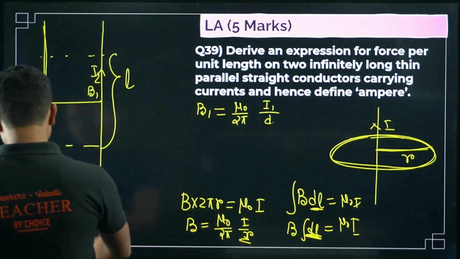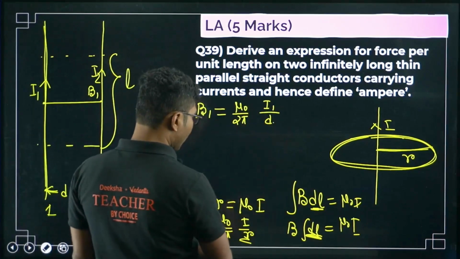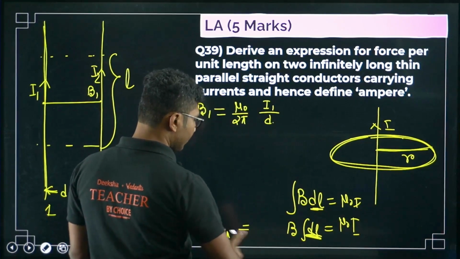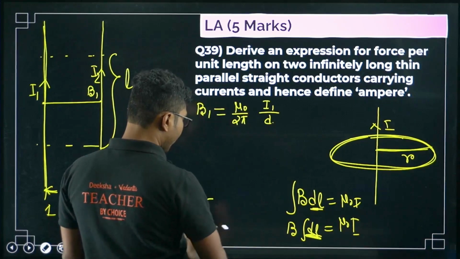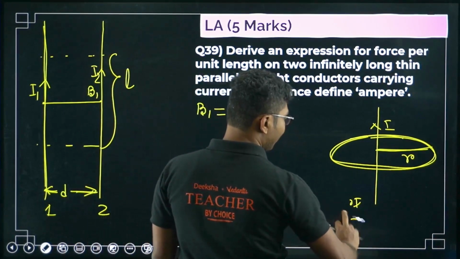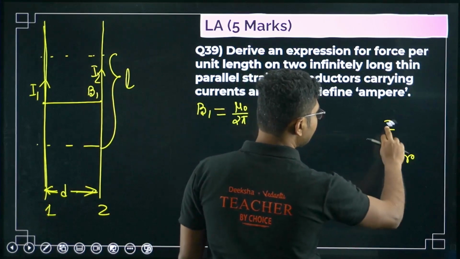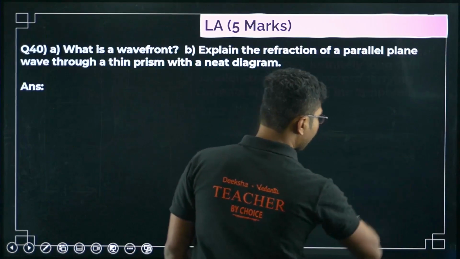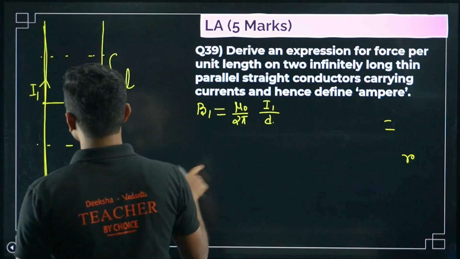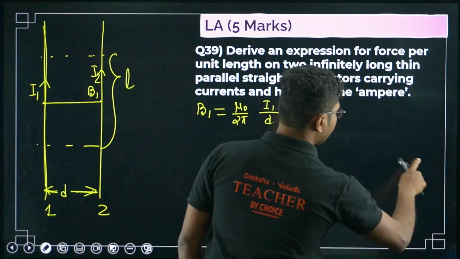Don't confuse, because I have seen students often write d square over here. This will not be d square. So I request, if you forget, you can apply the Ampere circuital law briefly and calculate the magnetic field. This is a very small easy derivation in case you forget.